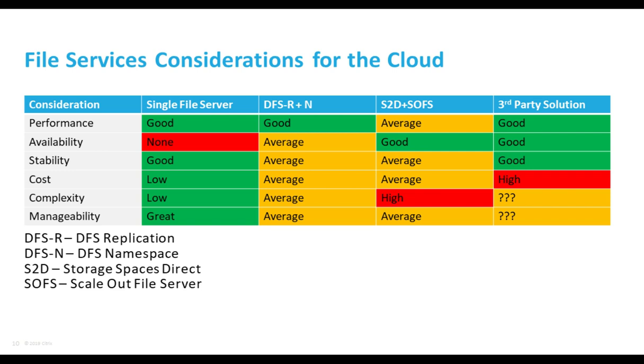Our next option is DFS replication plus namespace. The performance on that's fairly good. Our problem is DFS is going to replicate from your primary node to your secondary node. We shouldn't be using two primary nodes here because that replication is not immediate.